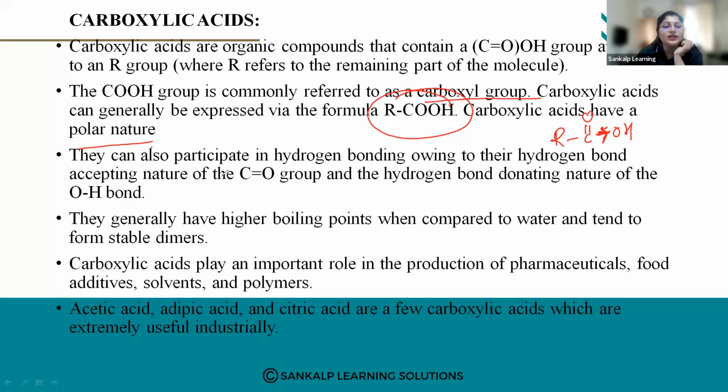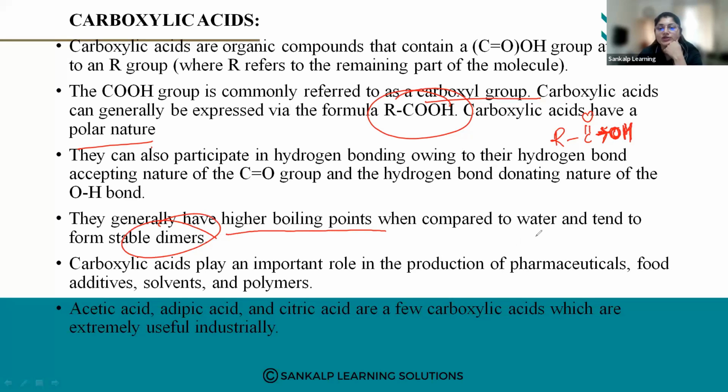They can also participate in hydrogen bonding because of the presence of the electronegative oxygen atom and hydrogen, through the accepting nature of the carbonyl group and the hydrogen-bond donating nature of the OH bond. So they generally have higher boiling points when compared to water and tend to form stable dimers.